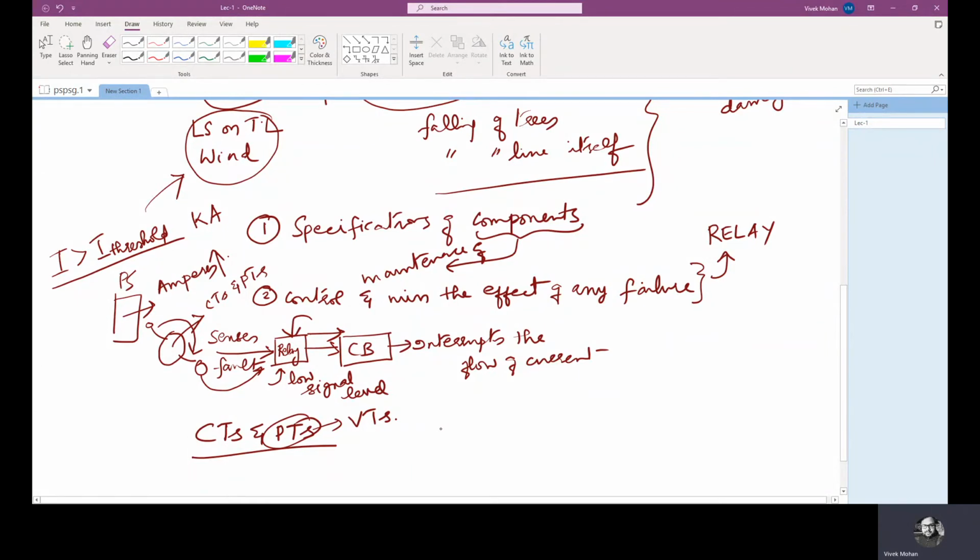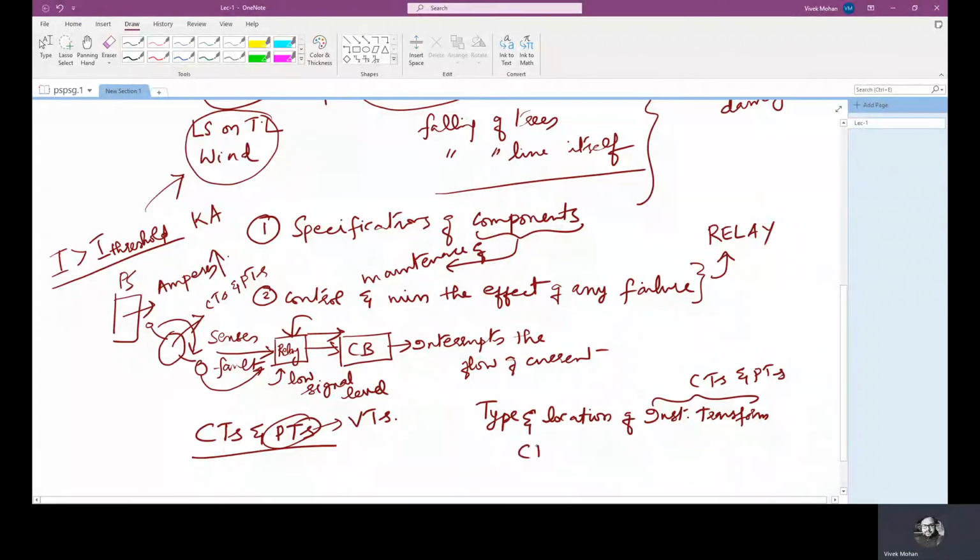So what should be kept in mind while designing a protection system? The type and location of instrument transformers. Instrument transformers mean CTs and PTs.